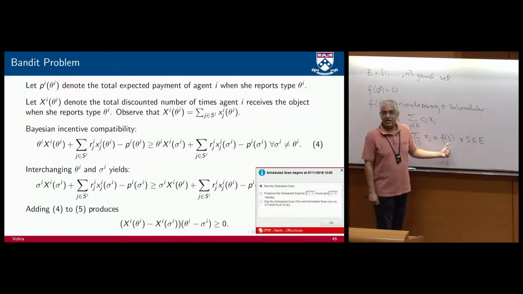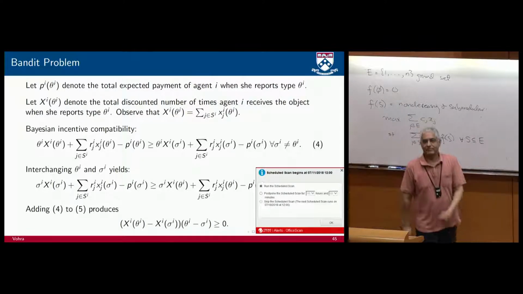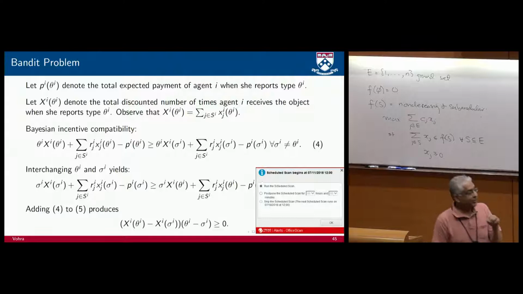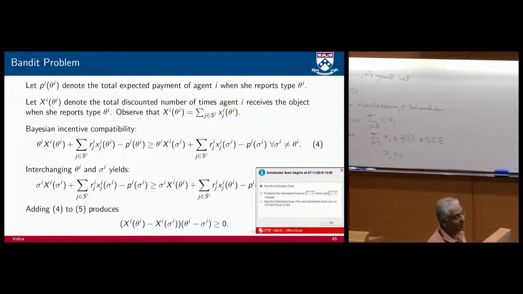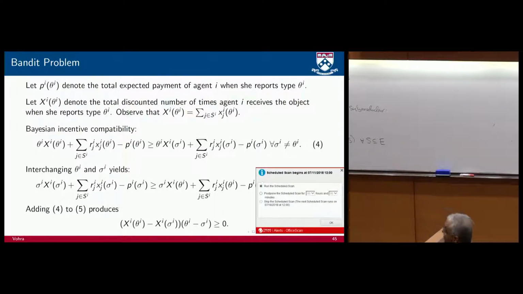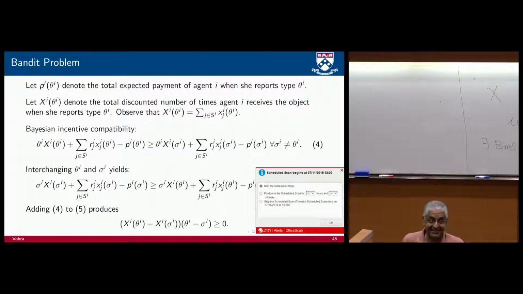So you give me a subset S of vectors, f of S is the rank of that set. Now the rank of the empty set is 0. The rank function is non-decreasing. And wonders of wonders, it's submodular. Do you buy that?